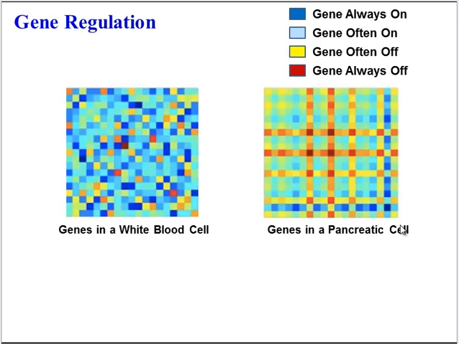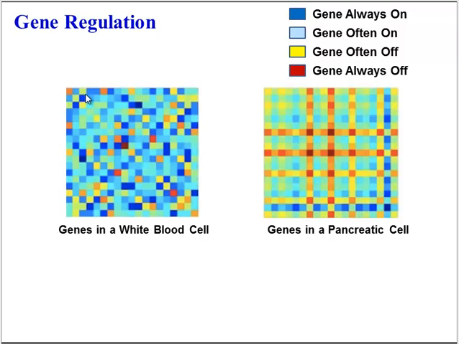So, going back to the question at hand, gene regulation explains how cells can have the same DNA but different traits. This is a microarray, which shows what the genes in a white blood cell are doing compared to the genes in a pancreatic cell. Note that both of these cells came from the same individual. What's different about these cells is that they're using different genes.